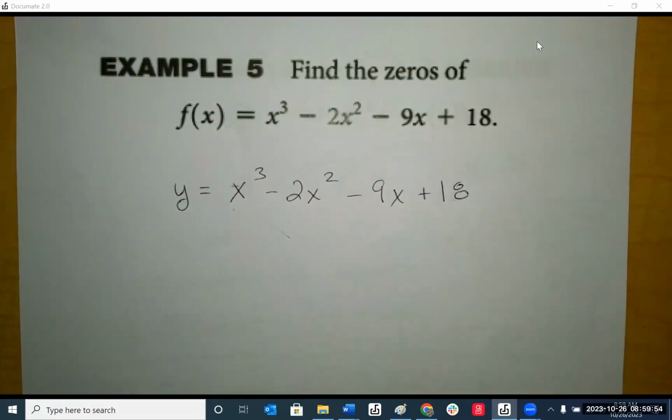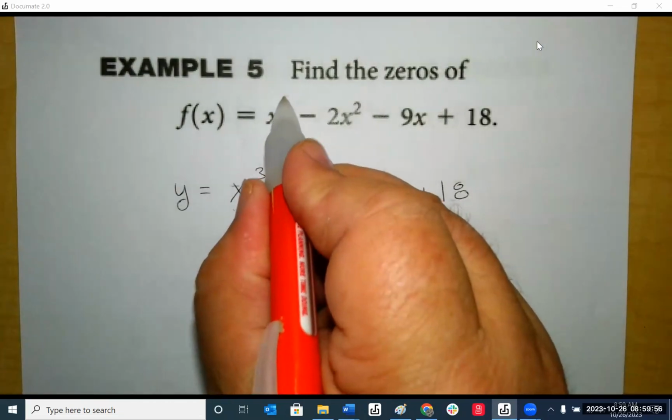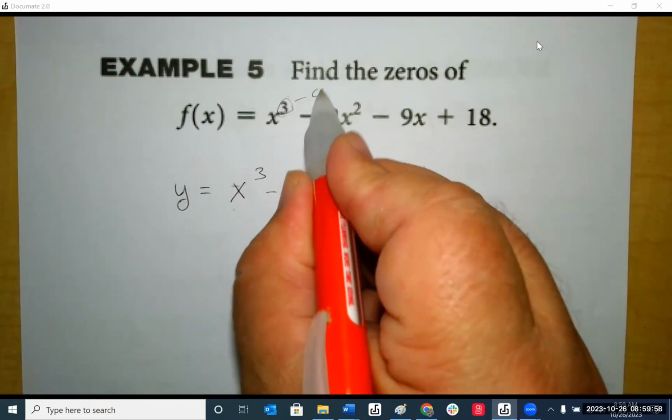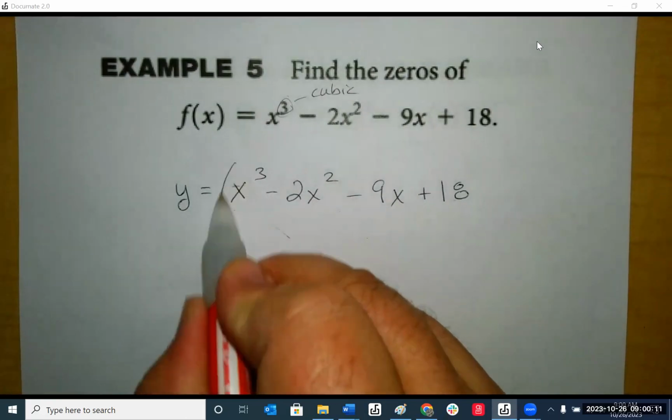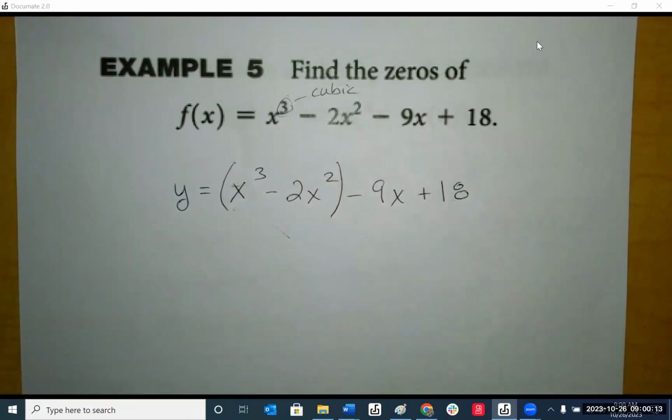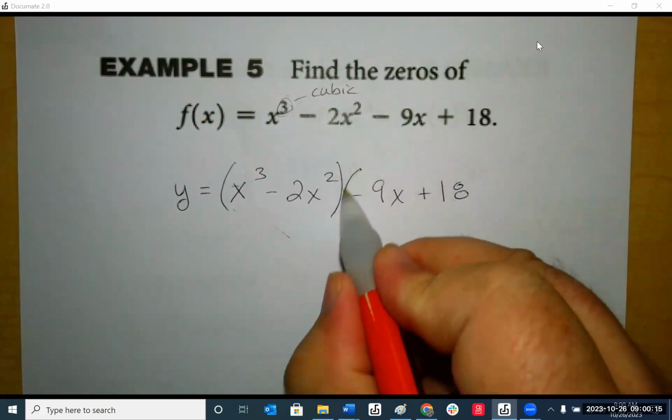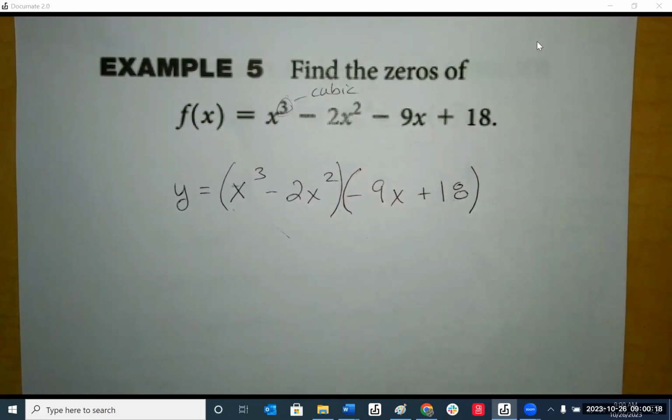We have 4 terms. It's a cubic equation because there's a 3 there. That's what makes it cubic. So we put parentheses around the first 2 terms and include the negative in the second 2 terms.